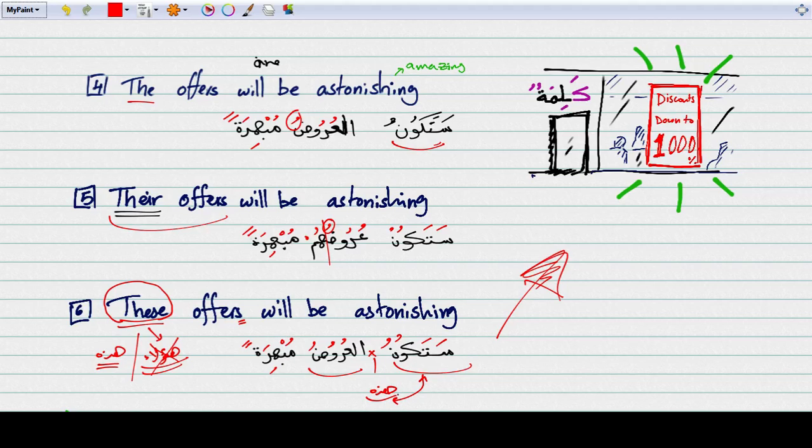If you say ستكون هؤلاء, then that's not fluent and you're making a big mistake. That just doesn't make sense. Okay, so the sentence after this long discussion would be ستكون هذه العروض مبهرة.